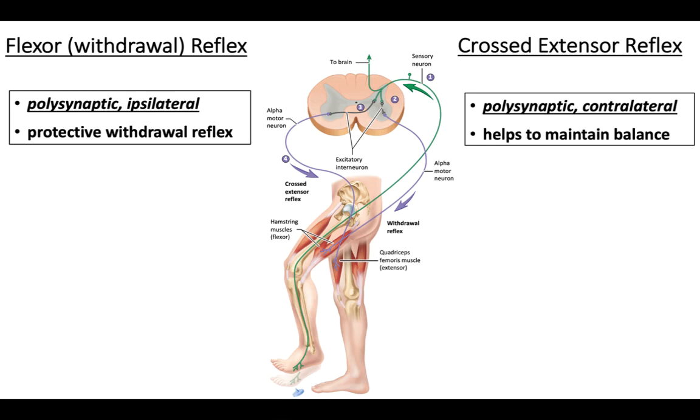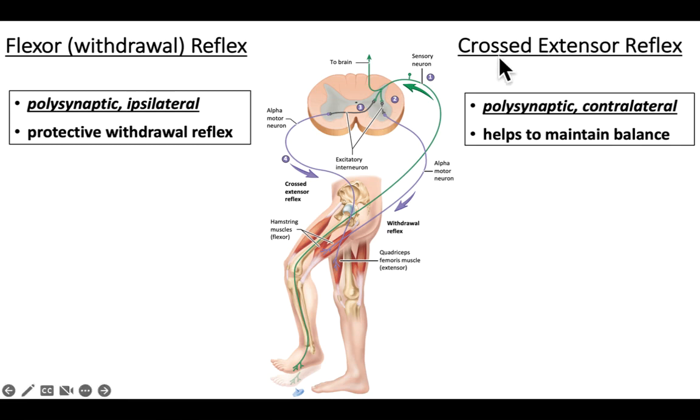Doesn't make any sense. Now, there happens to be another reflex that is contralateral. So we're going to also send a signal, all right, to the other leg. And we're going to stimulate the quadricep muscle. So what would that do? That's going to help you balance.